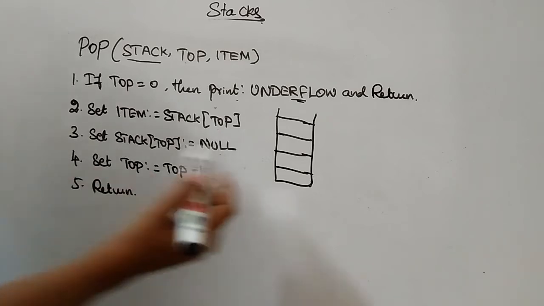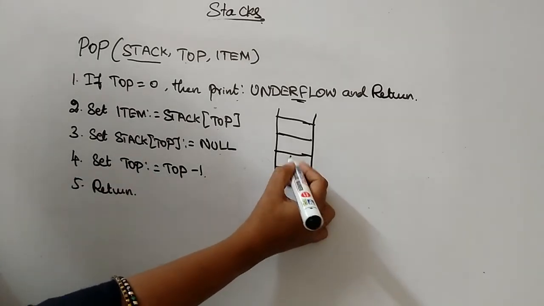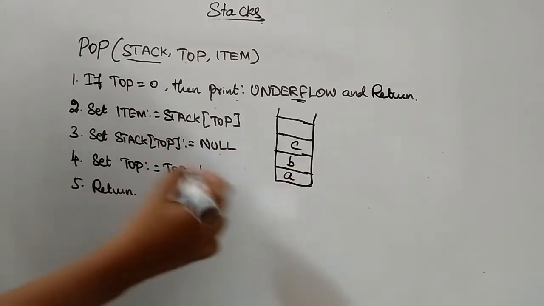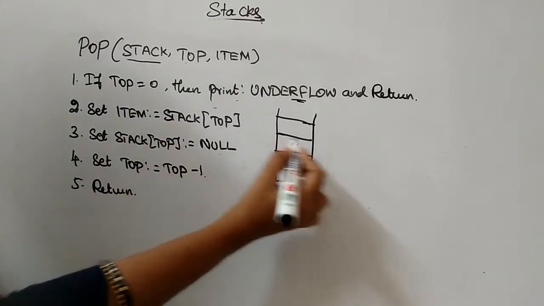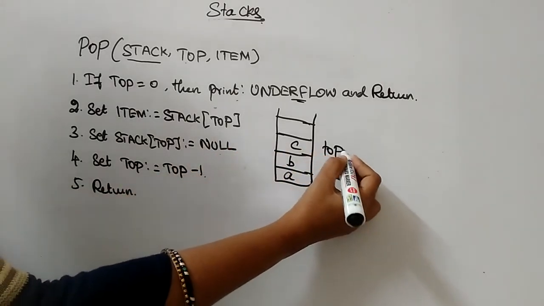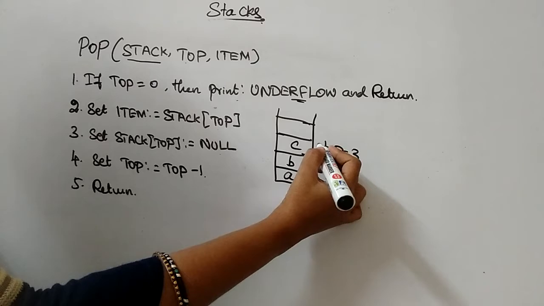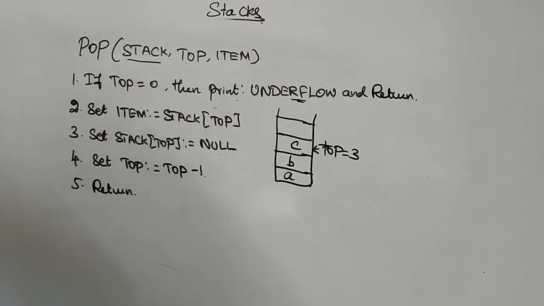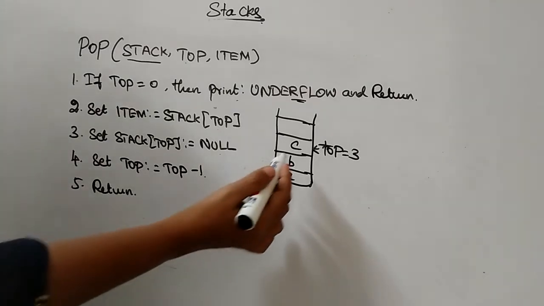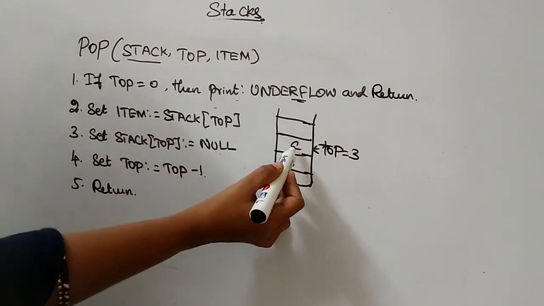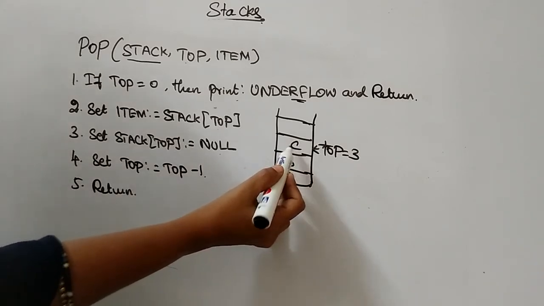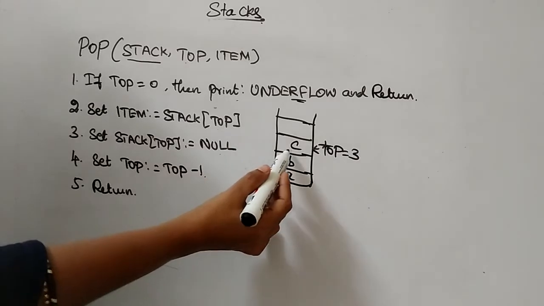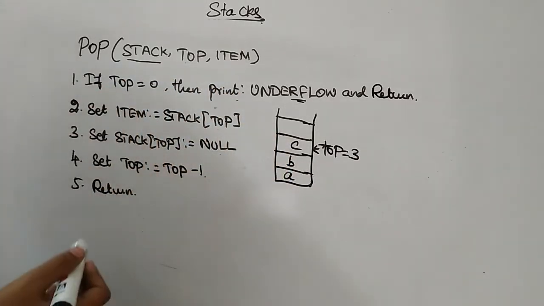In case the stack contains some elements, A, B and C, the top value is equal to 3. The top pointer will be equal to 3. So before popping out the element, we should first retrieve the element present in the topmost place and store it in the variable item.